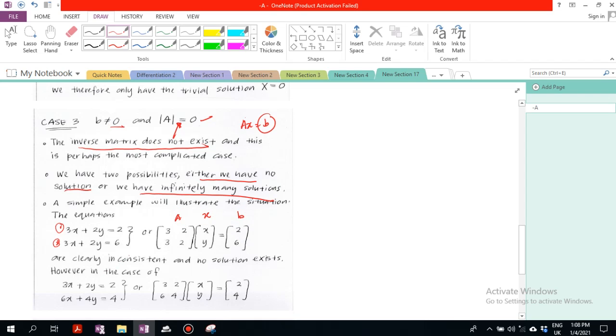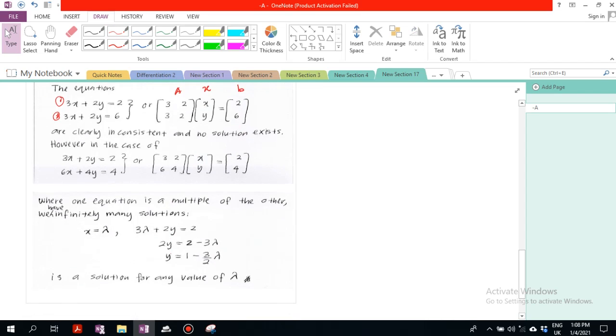Clearly x and y do not exist, because 3 times 2 minus 3 times 2 is 0, so you cannot satisfy this. The system is inconsistent and no solution exists. That's the first one: no solution exists.